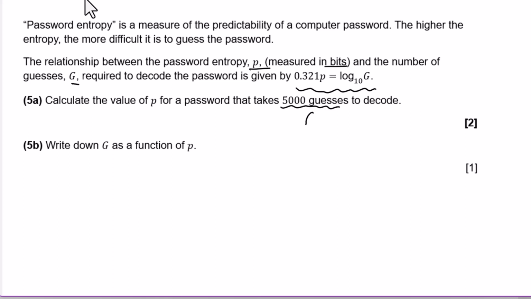5,000 guesses means G equals 5,000. 0.321 P equals log base 10 of 5,000.